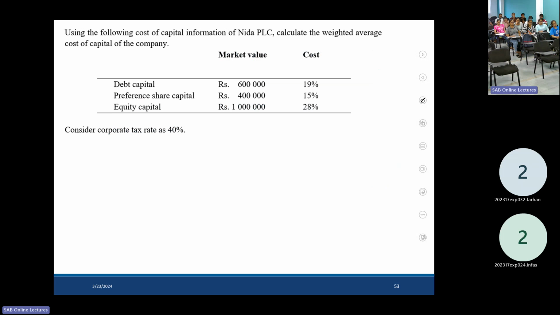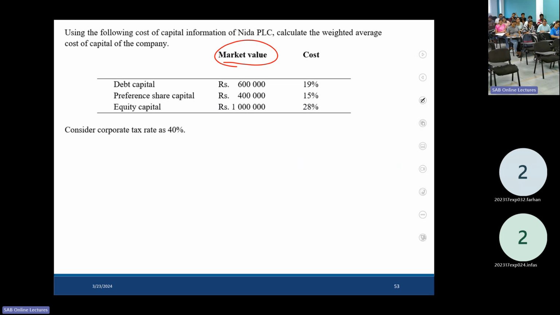So you are given an example here. Using the following cost of capital information of the leader PLC, calculate its weighted average cost of capital. You are given the capital structure here, given at market value. Normally remember, weights we calculate based on market value.